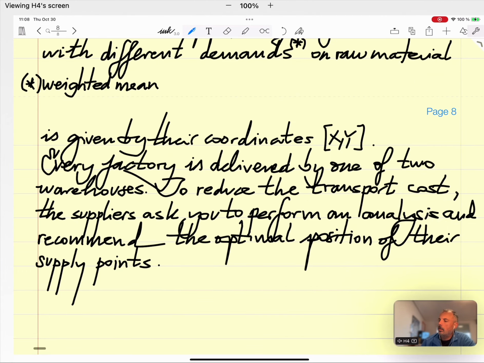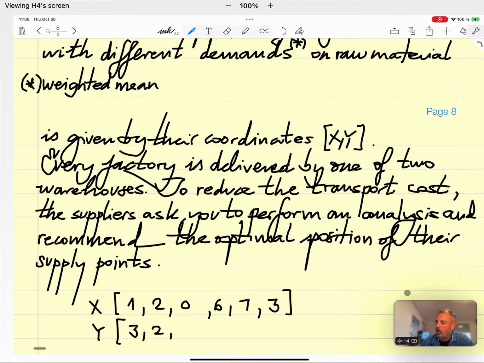So now the data is: x coordinate, a vector 1, 2, 0, 6, 7, and 3. Another vector 3, 2, 1, 1, 2, and 3.